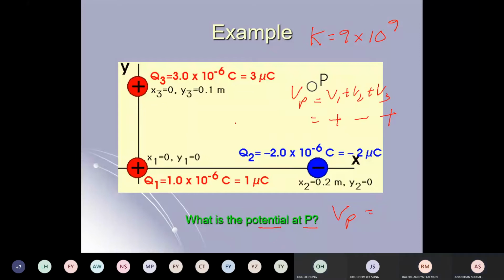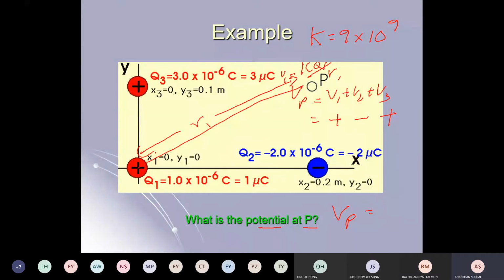The formula is KQ over R, so V1 uses KQ1 and R1. R1 is the distance from here to here, the diagonal distance, so you have to use Pythagoras to find R1.